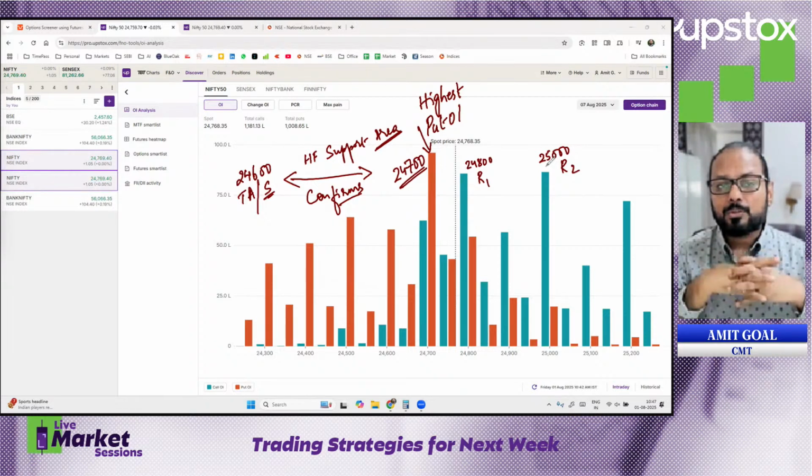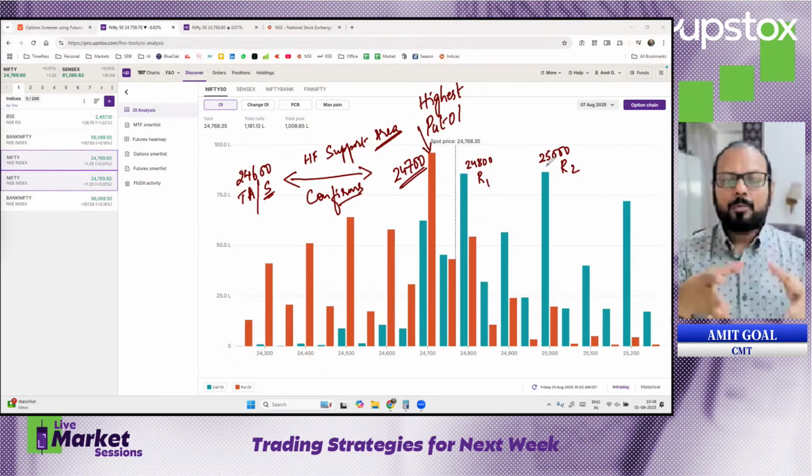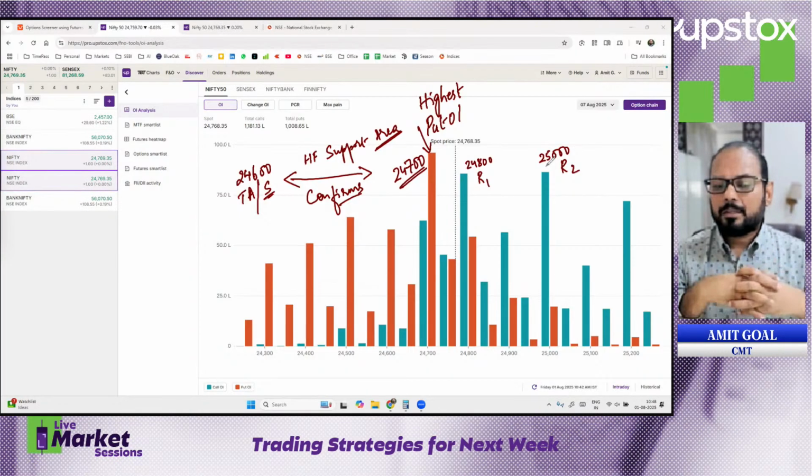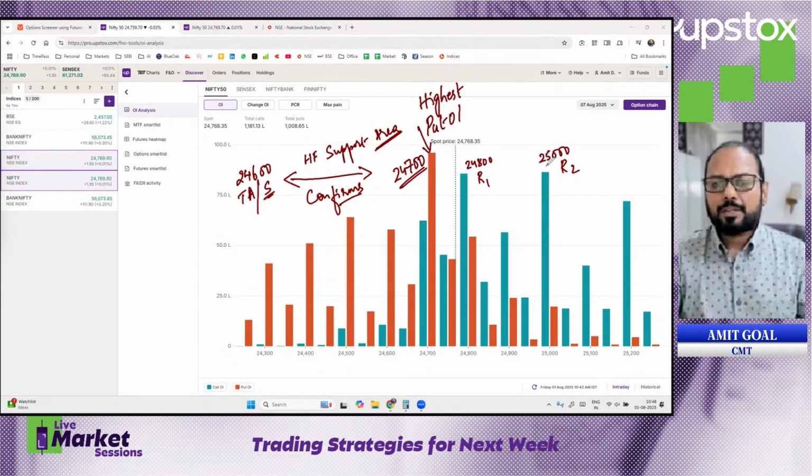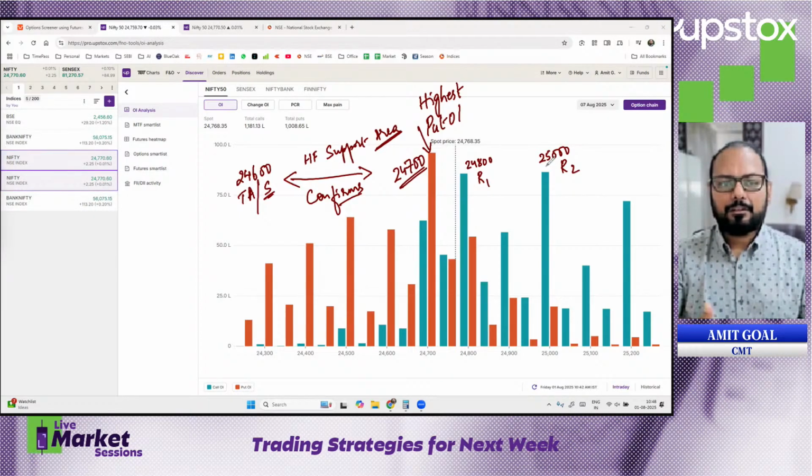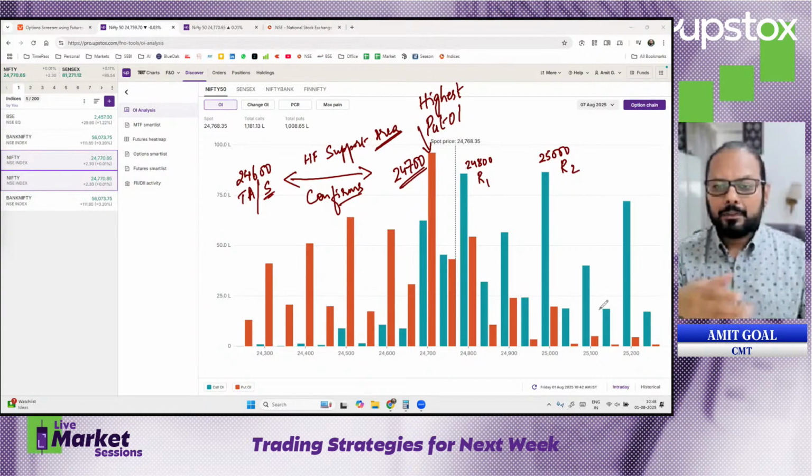So market is likely to struggle on either side. There could be some knee-jerk reaction to overnight news data points, but that's understood, right? The market can react violently, but then at the end of the day, once it settles, it will try and form the natural pattern.